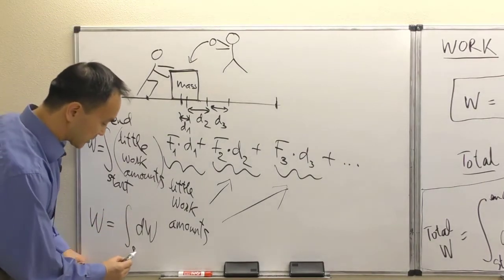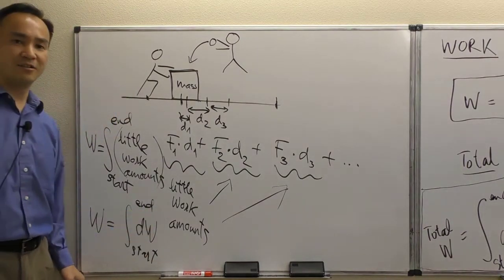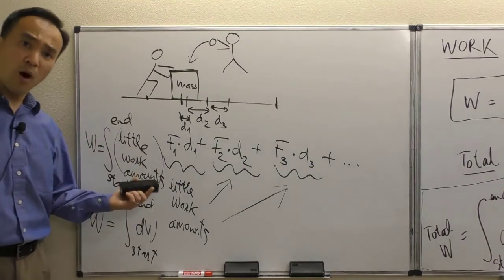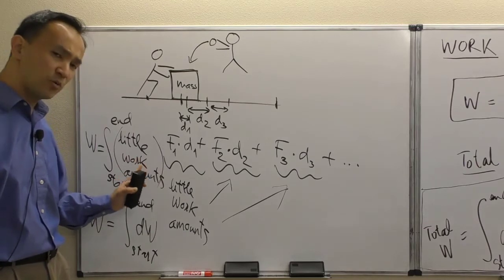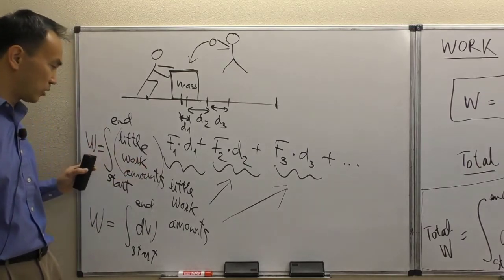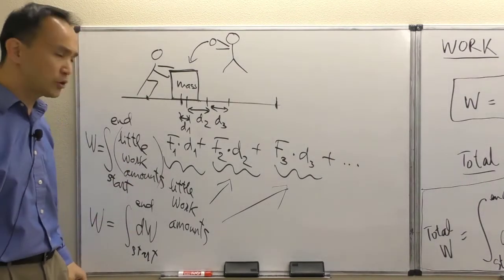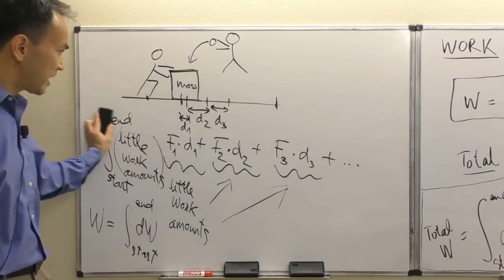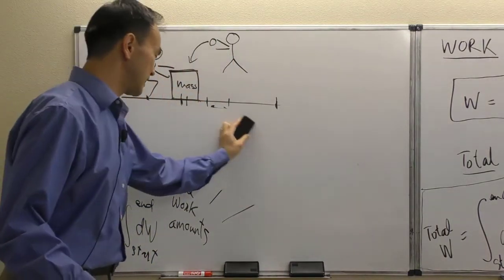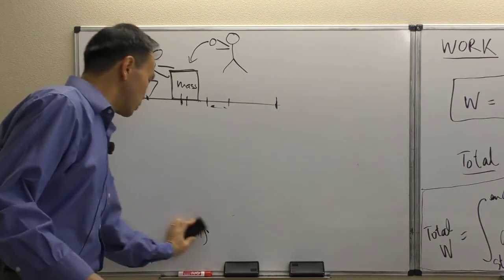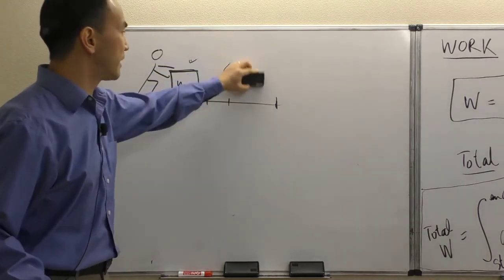This is only one situation I'm using to convince you about getting a total work. It's all about accumulating the little work amounts. So let me bring up another scenario to convince you again that to get the total work, we are accumulating little amounts of work.